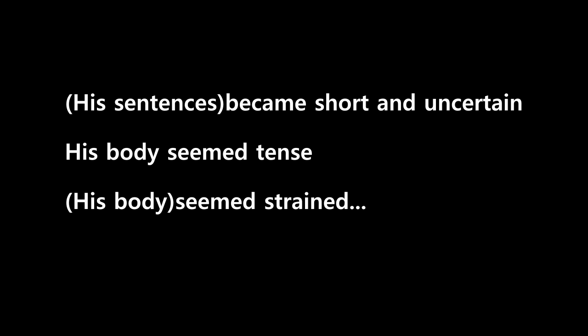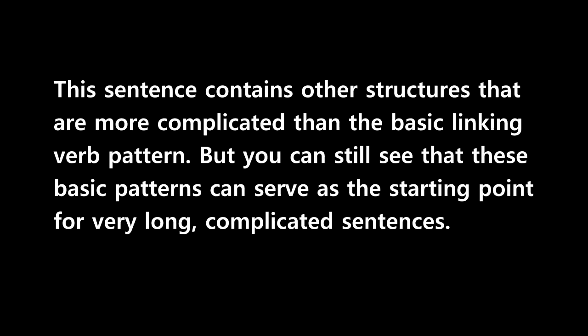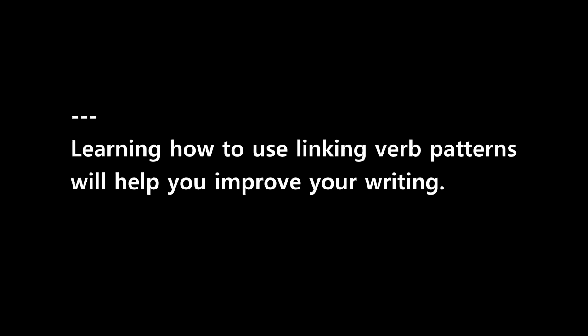His body seemed strained. This sentence contains other structures that are more complicated than the basic linking verb pattern. But you can still see that these basic patterns can serve as the starting point for very long, complicated sentences.